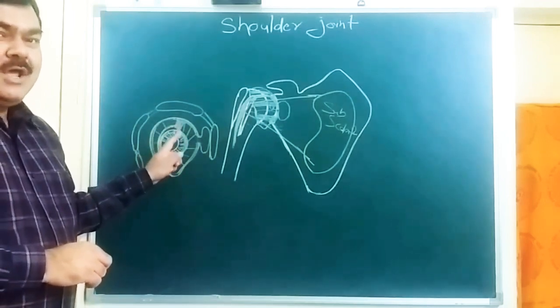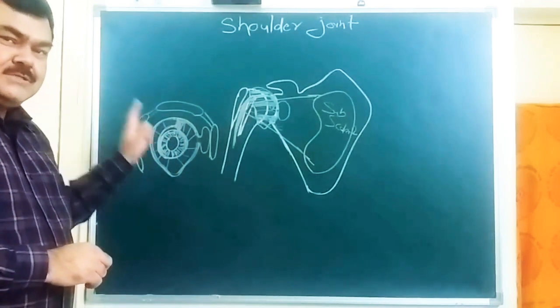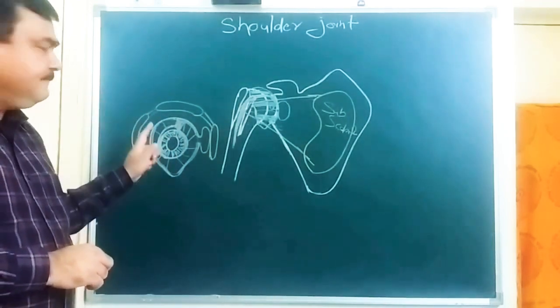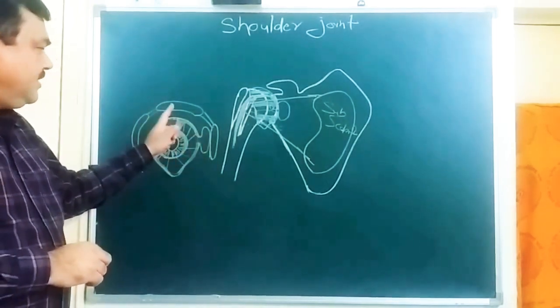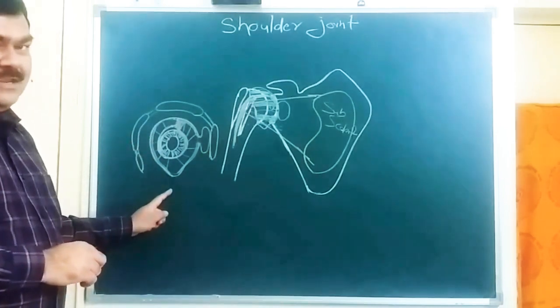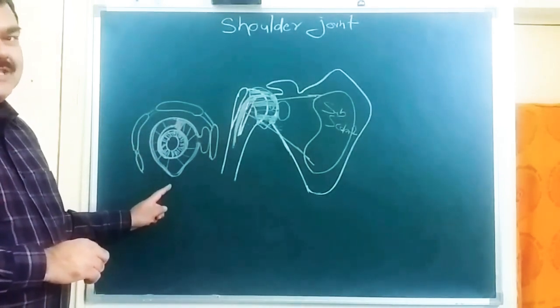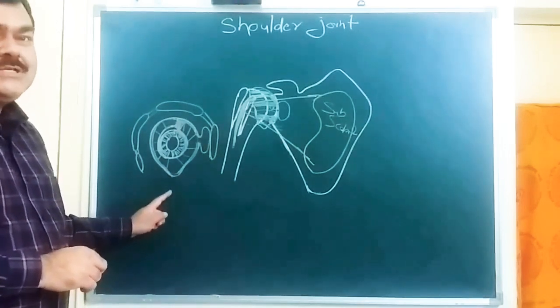It is also known as rotator cuff. This musculotendinous cuff supports the shoulder joint from the anterior aspect, superior aspect, and posterior aspect, but inferiorly there is no arrangement for support. So inferiorly this joint is very weak.